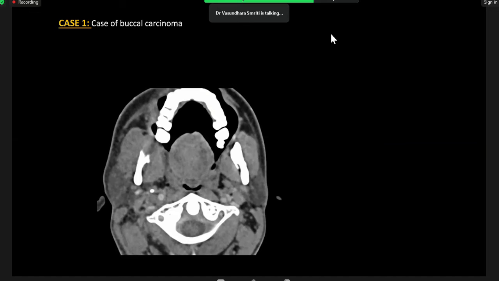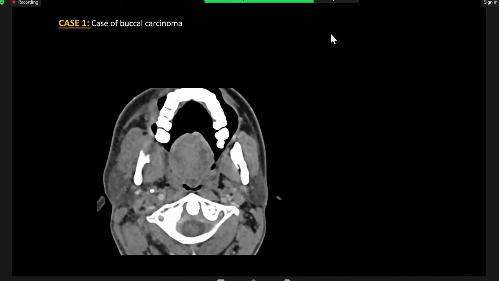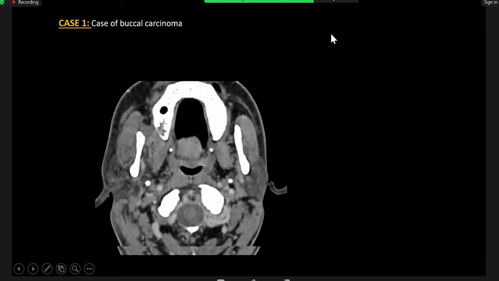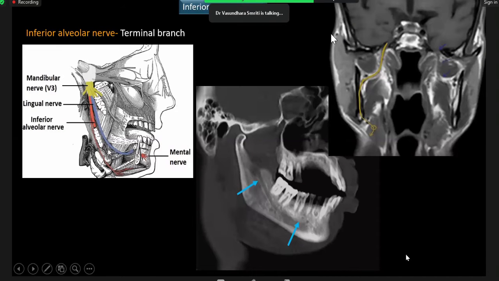It's getting stuck. I can see it moving. Just do it again. Is it okay now?